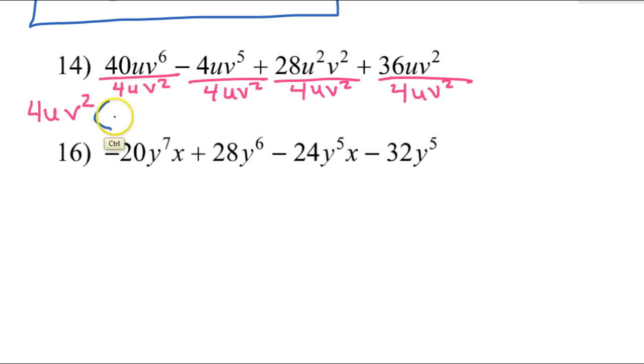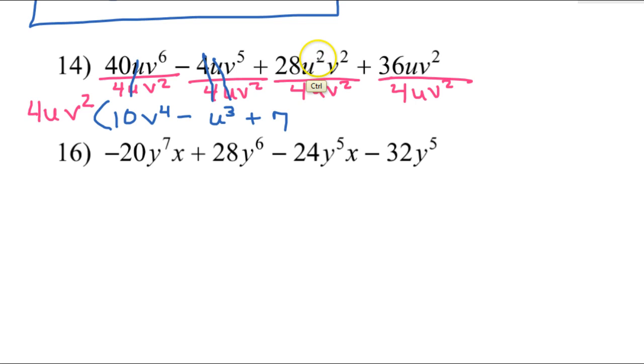Okay, 40 divided by 4 is 10. The u's are going to cancel out. And here we subtract 6 minus 2. So this will be v to the 4th power. All right, these 4's cancel out. The u's cancel out. And 5 minus 2 is 3. So this will be u to the 3rd power. 28 divided by 4 is 7.